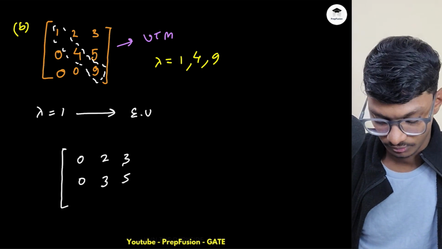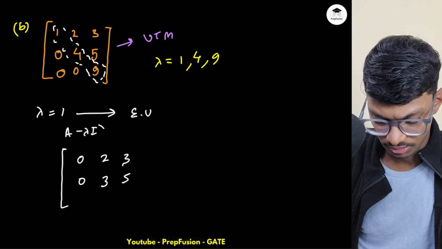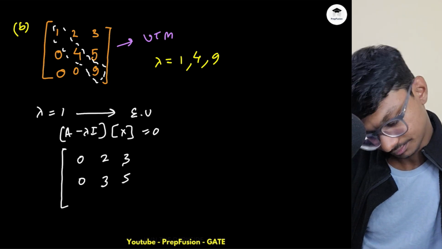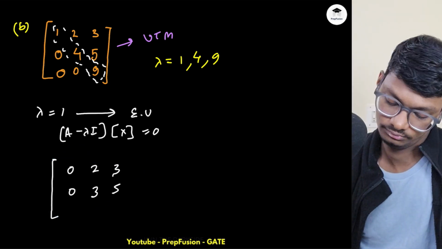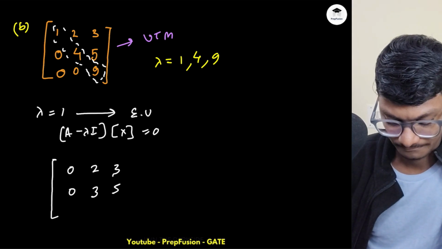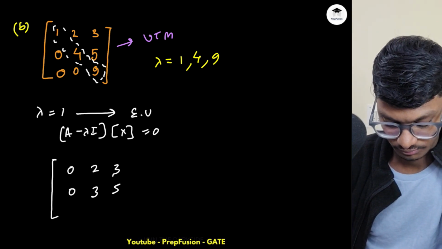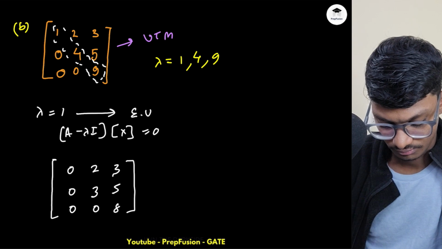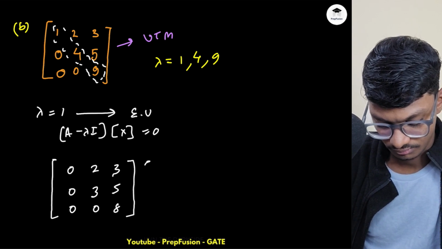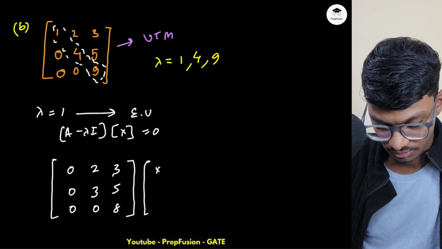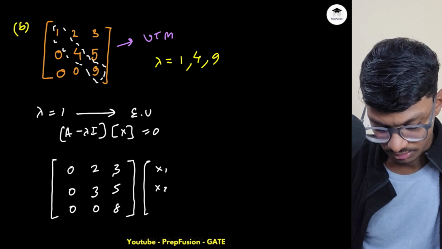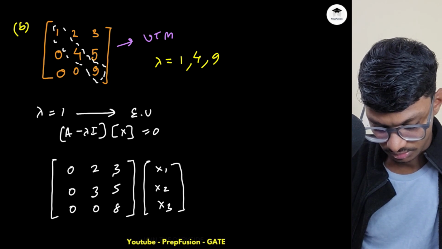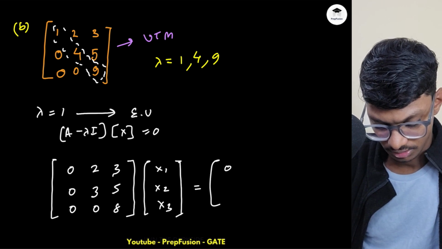I'm doing A minus lambda I, into x equals 0, where x is x1, x2, x3, equals the null matrix.